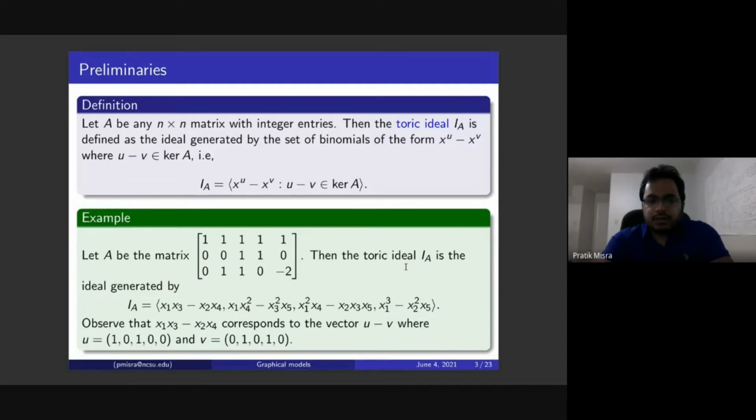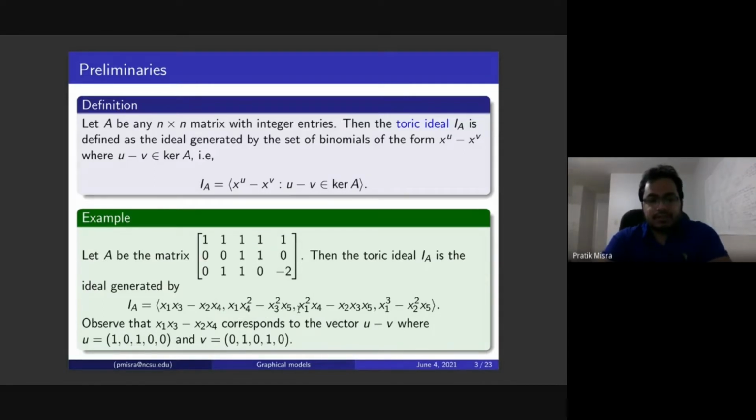When we compute the toric ideal corresponding to this matrix, we get something like this. Here the columns correspond to x1, x2, x3, x4, and x5 respectively. So we get the toric ideal as x1x3 minus x2x4, and x1x4^2 minus x3^2x5, and so on.